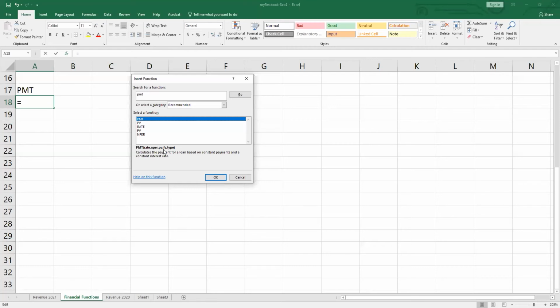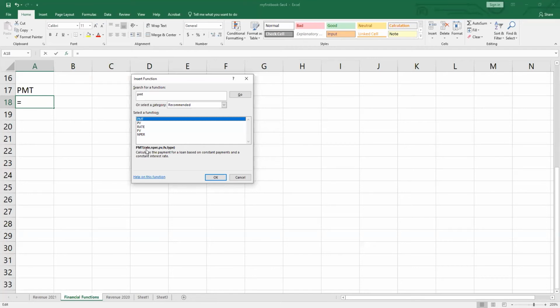When we have the Pmt here, let's see the arguments. What are they? Rate is the interest rate. N per is number of period. Pv is present value, that means the value of the money that is worth now.